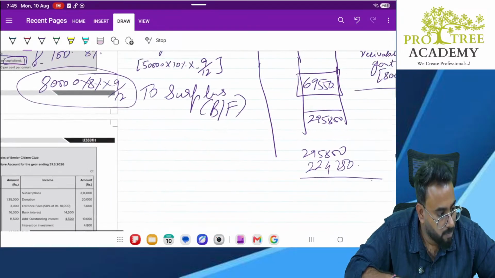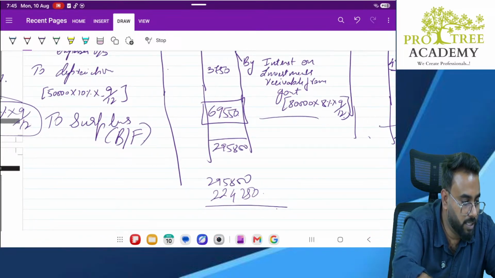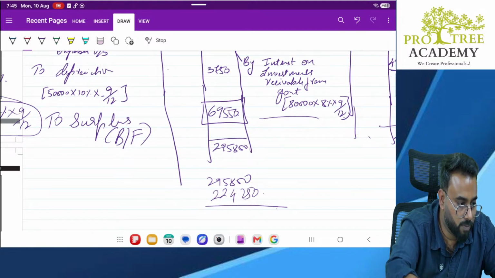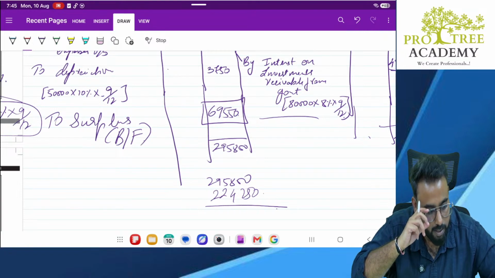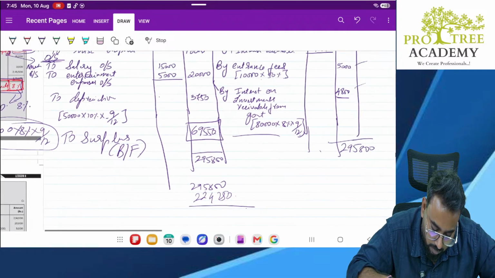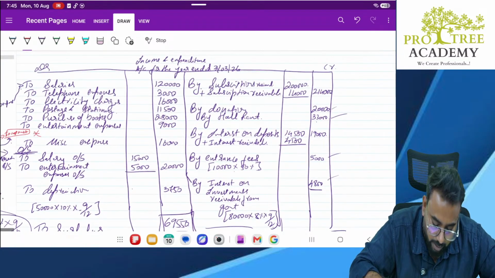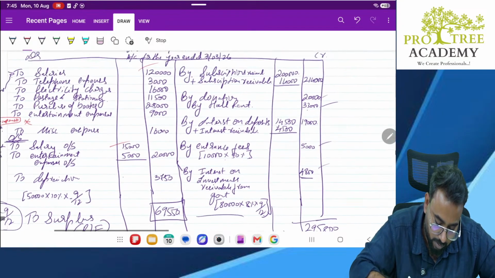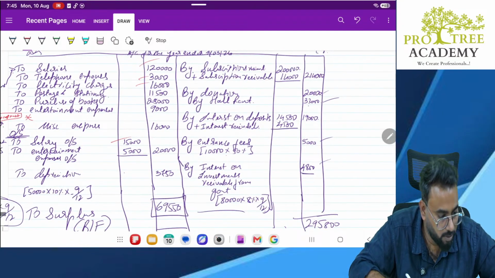How much is the difference between my answer and the institute answer? Can we find out? Have you missed something? Minus 69,550, 27,000. The institute has left another 2,000 as the gap between us and the institute. What is that? 1 lakh 20 accounted, 15 accounted, 3,000 done, 16,000 done, 11,500 done.